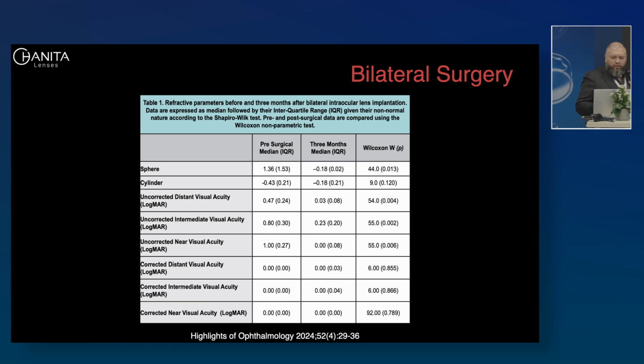We're not going to go through the whole table. Essentially, they improved a lot, and their final vision without correction is really good. For far, it's really near 20/20, and for intermediate vision and near vision, it is extremely good.